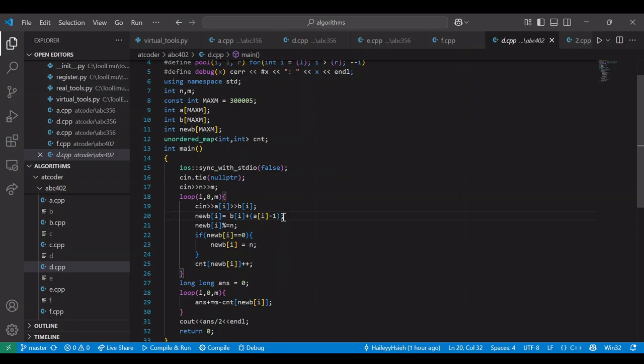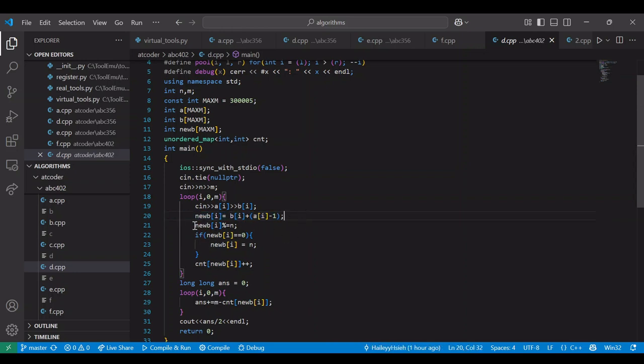I do this because, for example, if we want to transform the line 2-4 into 1-8, we want to subtract 1 from 2 and add 1 to 4. So I just added ai minus 1, which is the amount to transform a to 1, and then we add that onto b. And so this would be our new value.